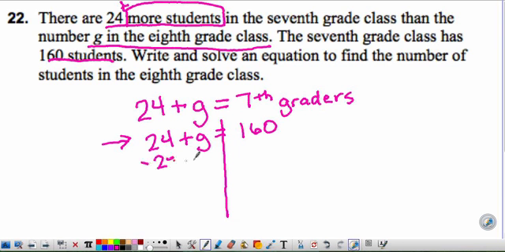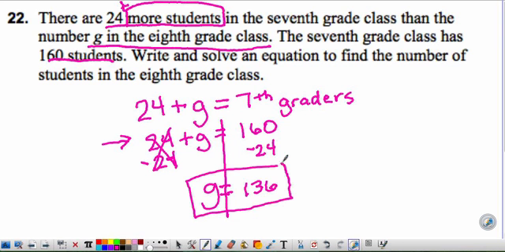The inverse of positive 24 is a negative 24, or minus. 24 minus 24 is 0, and so that's where we get this positive G. 160 minus 24 is 136. So G equals 136. What does that mean? Exactly, because G was the number of 8th graders. They were asking us to find how many 8th graders, so that means there are 136 8th graders.